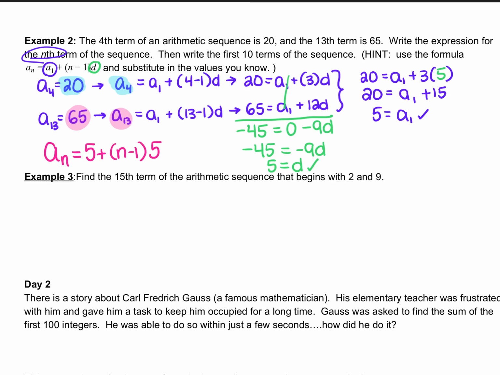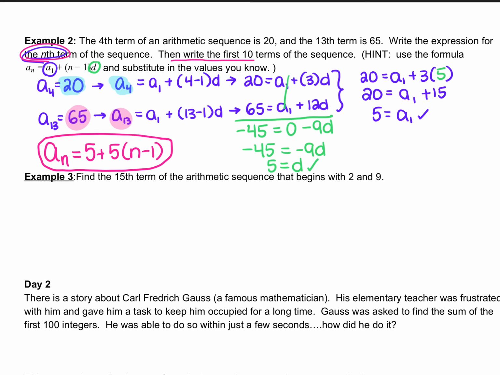Now I could rewrite that a little bit. In fact, I'm just going to rearrange this because I like to have the 5 in front there. 5 times n minus 1. And I could rewrite that if I wanted to distribute the 5 and I'd get a different expression for a sub n, but this is fine as well if you want to leave it like this. So here's our expression for the nth term. That was the first thing they were asking for.